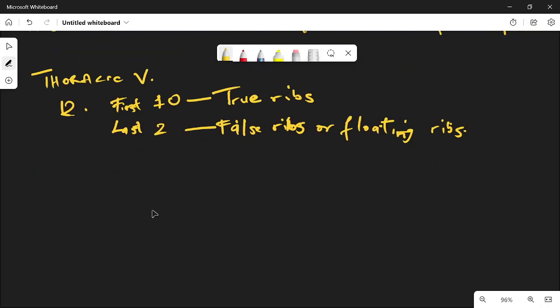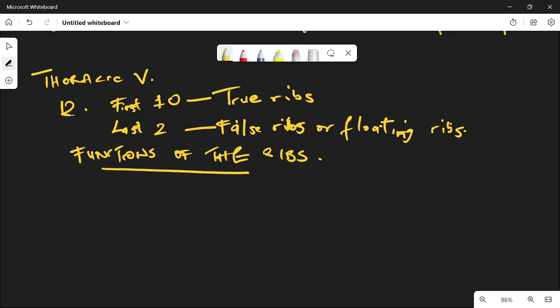Functions of the ribs. Number 1 is to protect the heart and lungs.